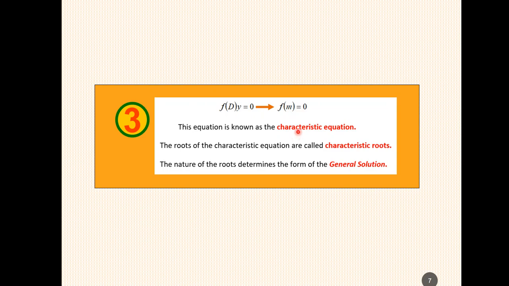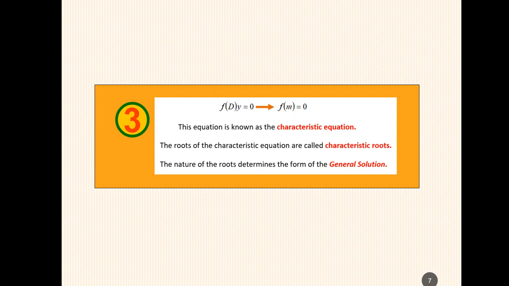The next thing that you do is you are to find the roots of such characteristic equation, because they will tell you what type of term should be present in the solution, or specifically in the general solution of your higher order differential equation. So it's just a 3-step procedure, and it's so easy actually to follow.